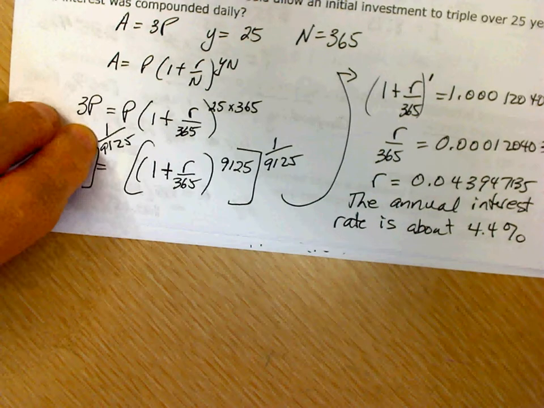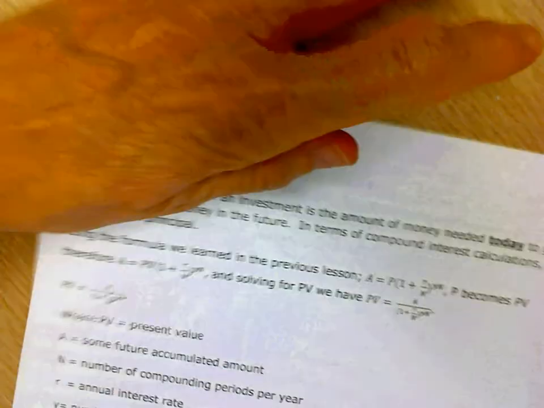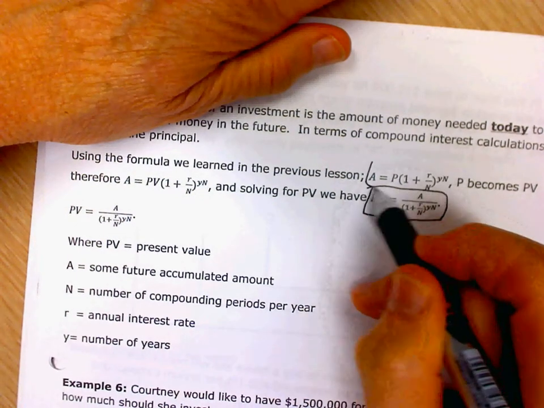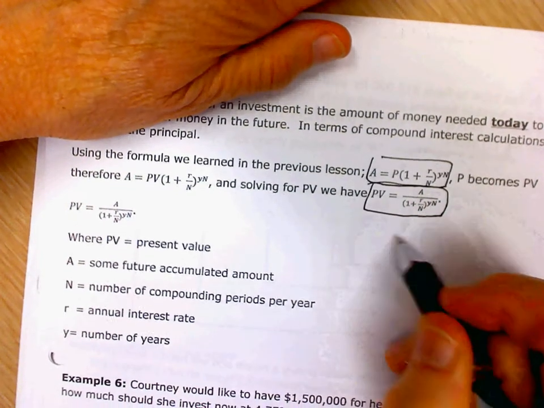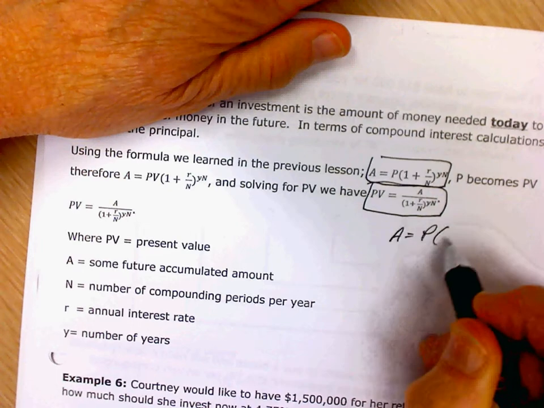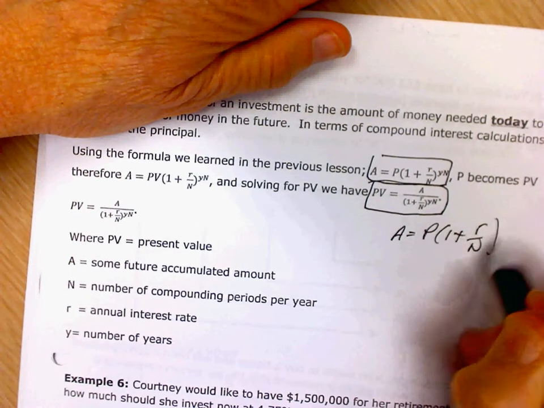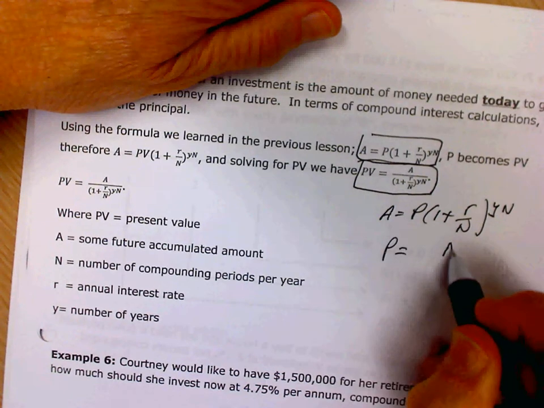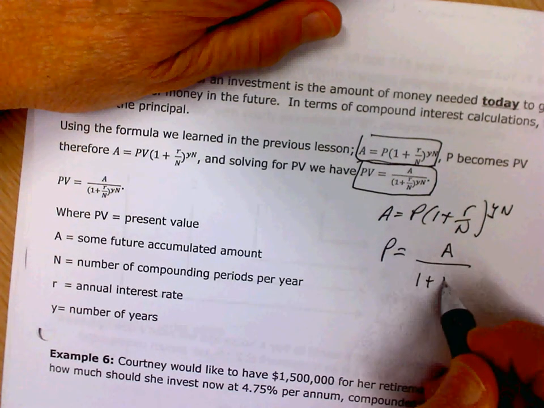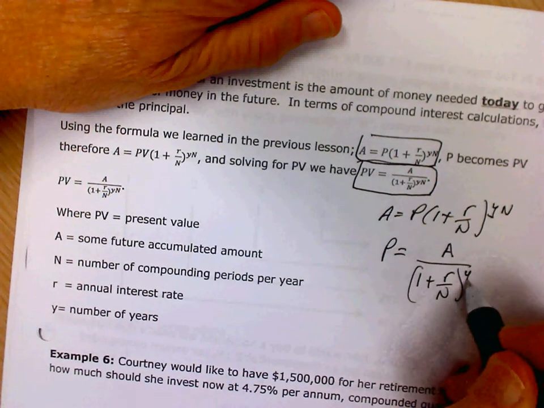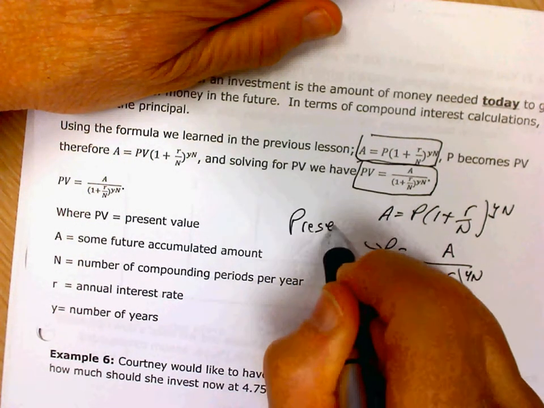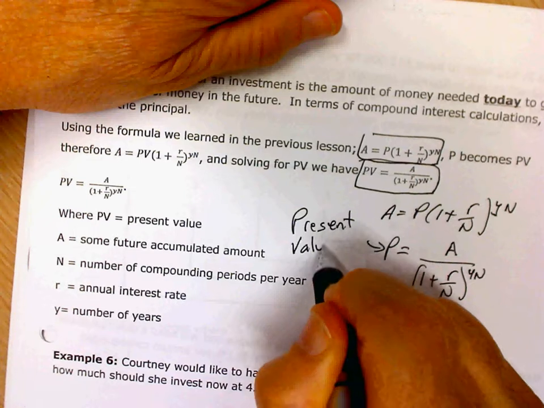Present value. Well, this formula comes from this formula. So if you have A equals P times (1 plus r over n) to the yn, then P is equal to A over (1 plus r over n) to the yn. And what they call this is present value. Or in other words, how much do you invest today to end up with that amount?